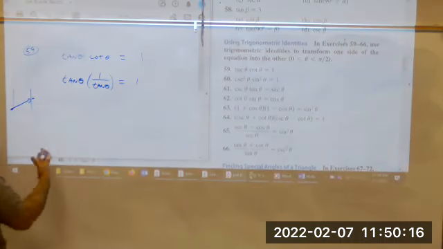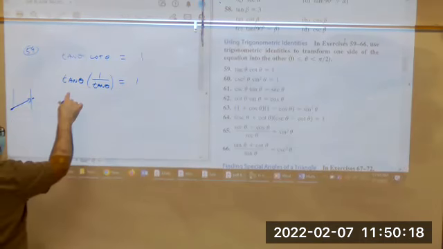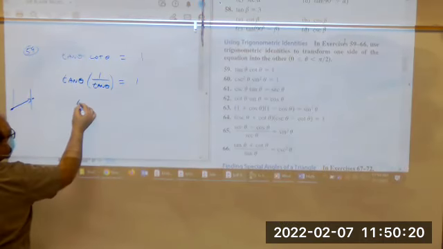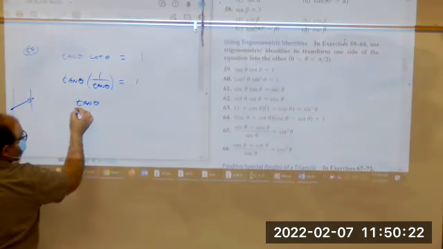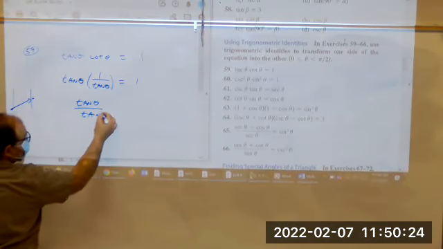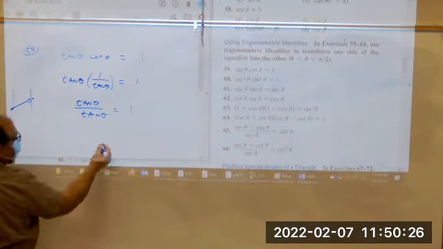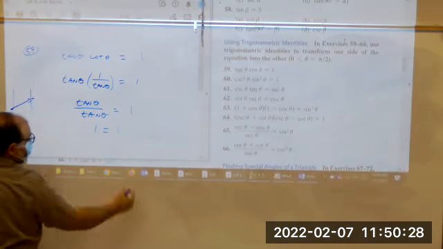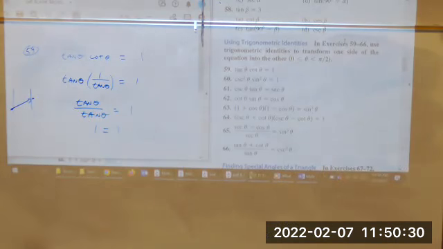Now, to be really clear about what I'm doing, tangent theta times 1 over tangent is tangent theta divided by tangent theta. And so we get 1 equals 1. Here's one with training wheels to start with.